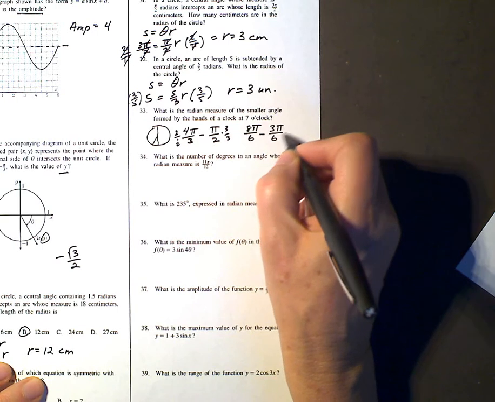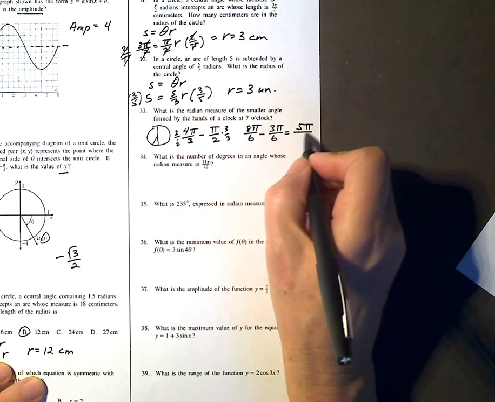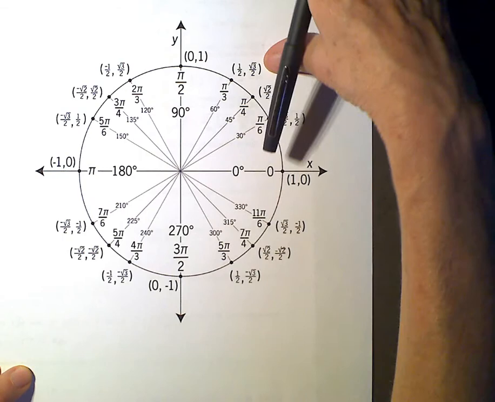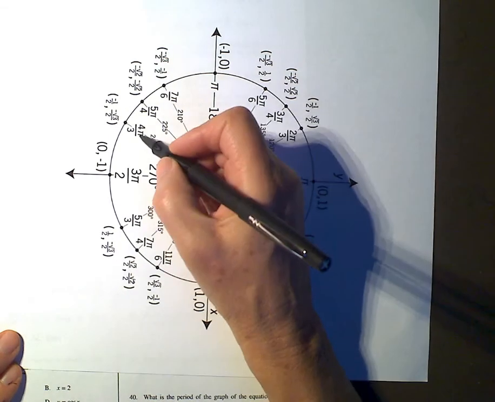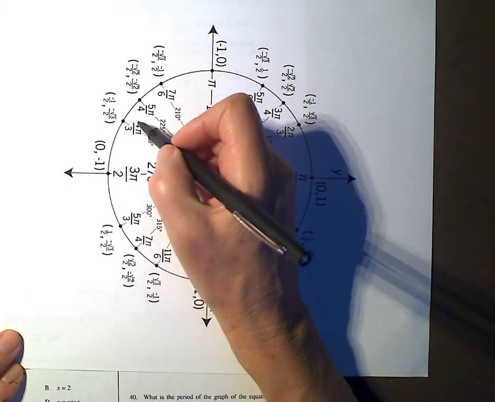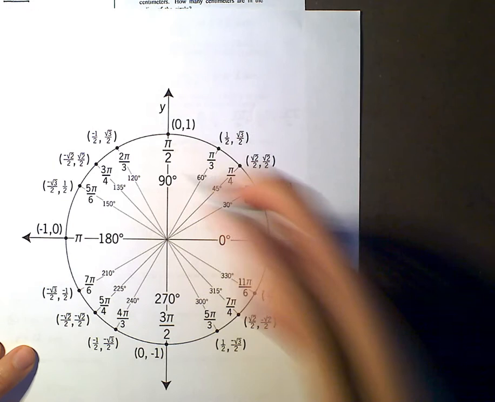So that would be 5 pi over 6. And the other thing we could do is look at this as if this was the horizontal axis, and it would come over like this many degrees, which would be 5 pi over 6.